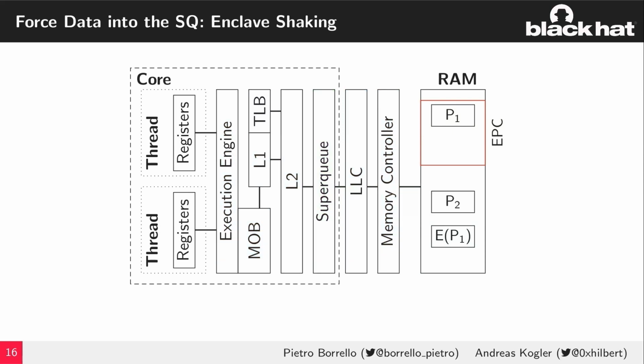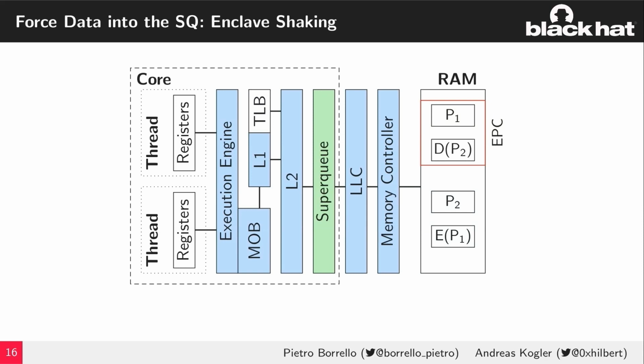Exactly. And the same happens if you take the inverse route from an encrypted page in main memory, in this case it's P2. We bring it to the core, we decrypt it, and put it back into the EPC page cache with the ELDU instruction. And this passes as well through the superqueue, so that we can target it and leak it.